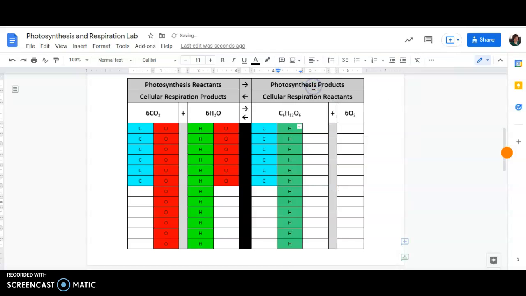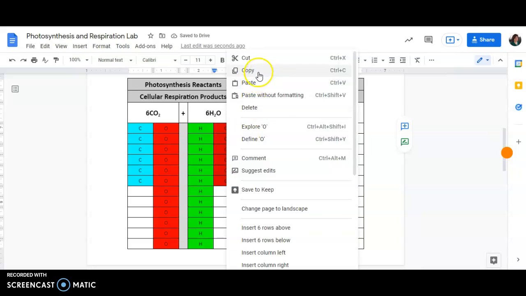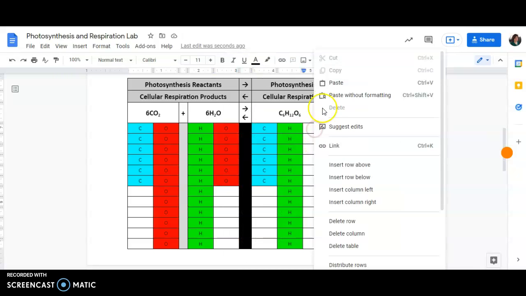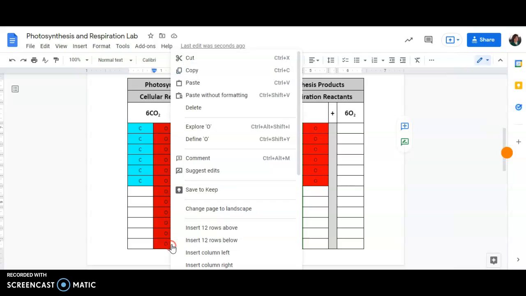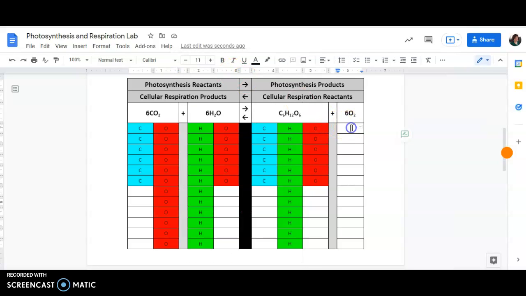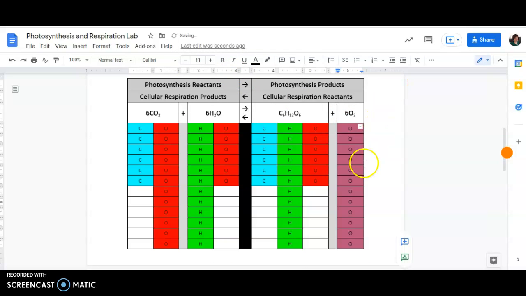To save time, here we go. I have 6 oxygen. Then when I get to the oxygen at the end, 6 times 2 again is 12, so I have 12 oxygen, and I've already done that once, so I'm going to copy this and paste those over.